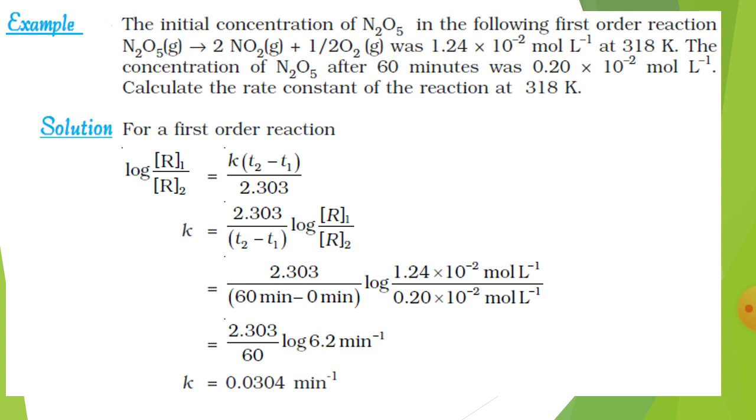The concentration of N2O5 after 60 minutes was 0.20 multiplied by 10 to the power minus 2 mole per liter. Calculate the rate constant of the reaction at 318 Kelvin.